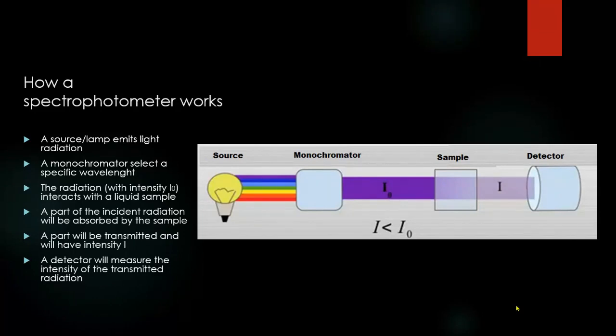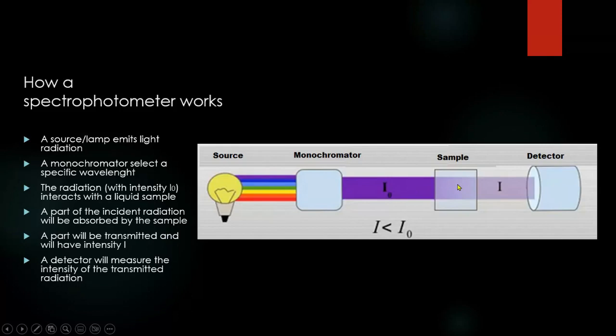Then there is a monochromator that divides the different wavelengths and selects one specific wavelength. The selected radiation with a nominal intensity I0 interacts with the liquid sample, our sample here.